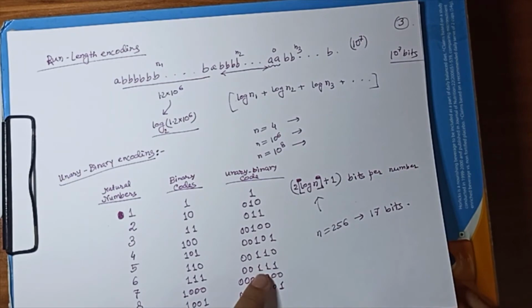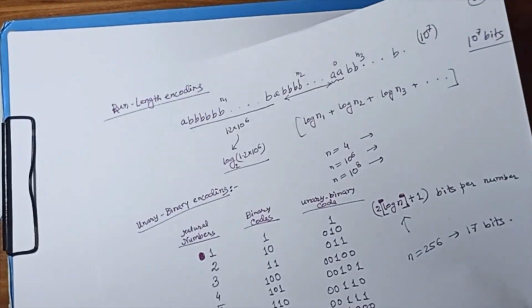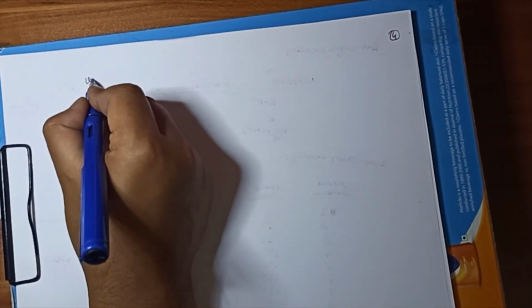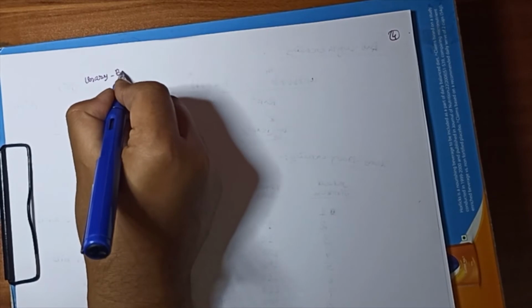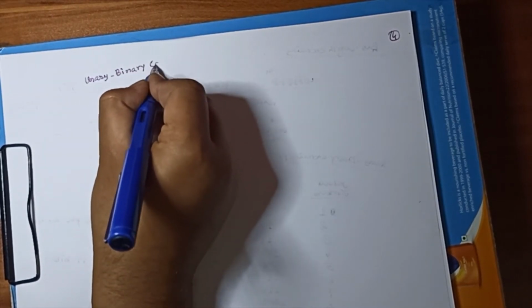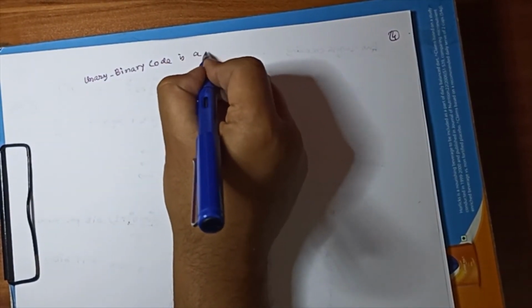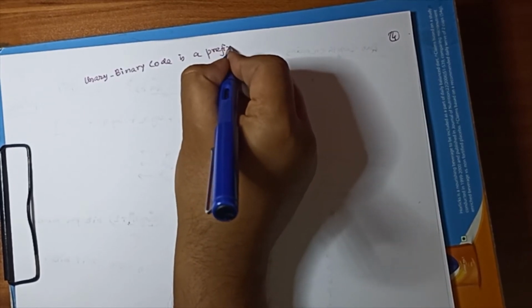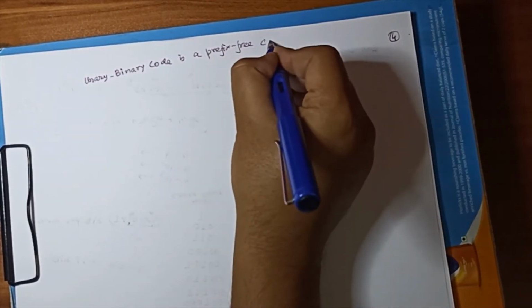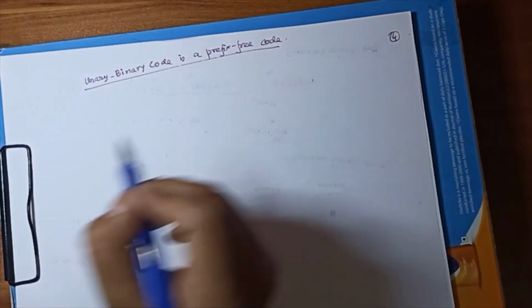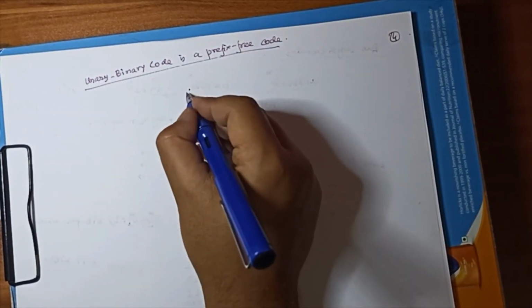And this encoding scheme is a prefix tree. Let us grow the binary tree, you will understand immediately. So this unary binary code is a prefix free code. So I can start growing the code from here.